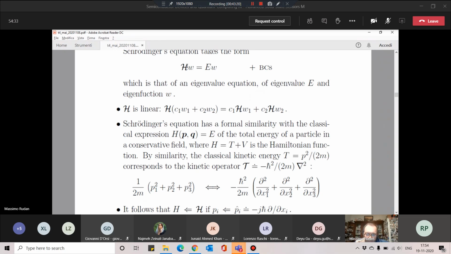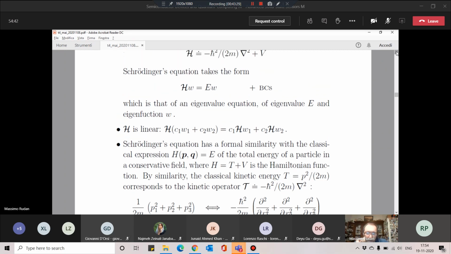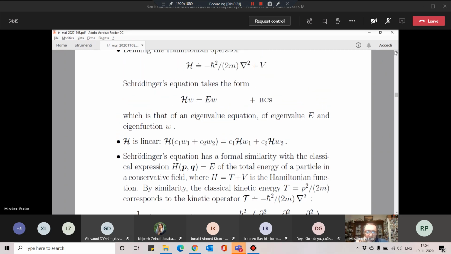But we can do more, because if we compare the form of the Hamiltonian operator, minus h bar squared over 2m Laplacian plus V, with the classical total energy T plus V, we observe that V is the same. V is not changed. V is just the same in the classical description and in the quantum description.